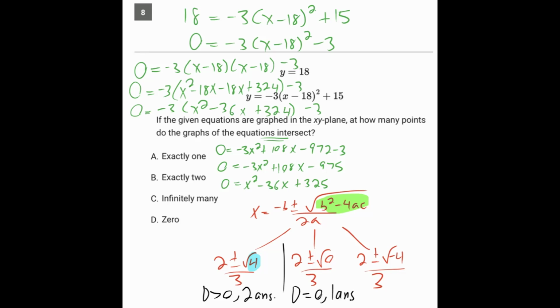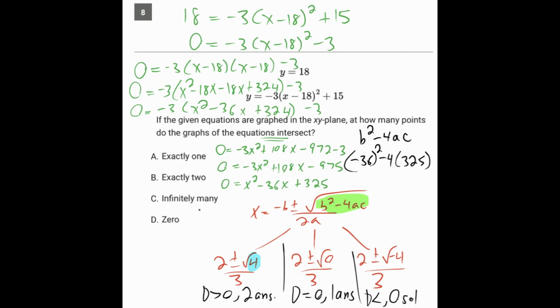And if the discriminant is a negative number, we'll get no solutions because you can't have a negative under a radical. So if we're asked how many solutions there are, we can just find the value of b squared minus 4ac, which with these numbers would be negative 36 squared minus 4 times 1, which is in front of x squared, times c, 325.